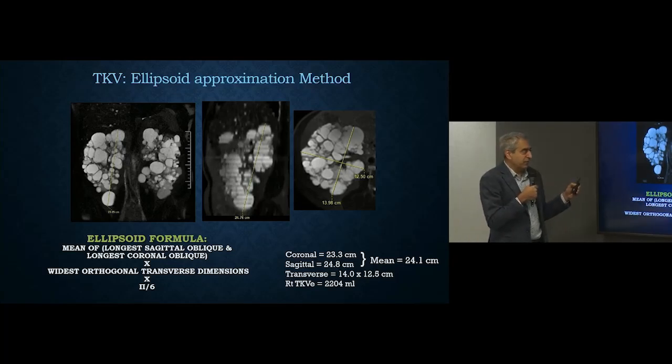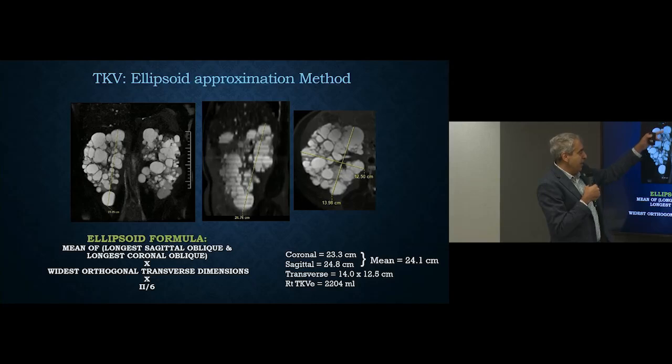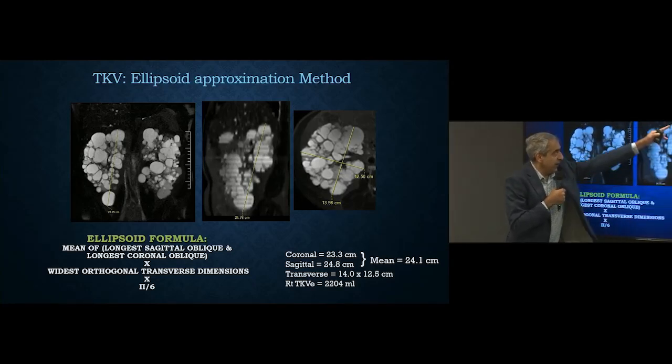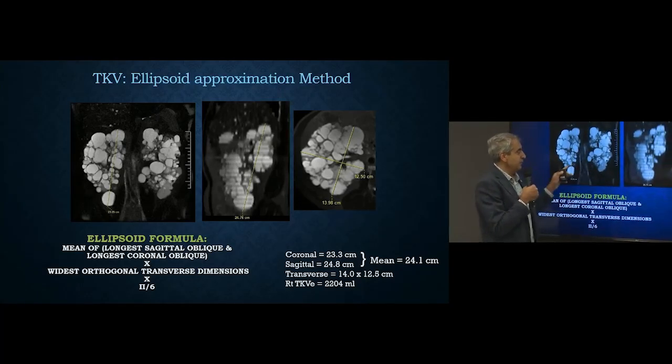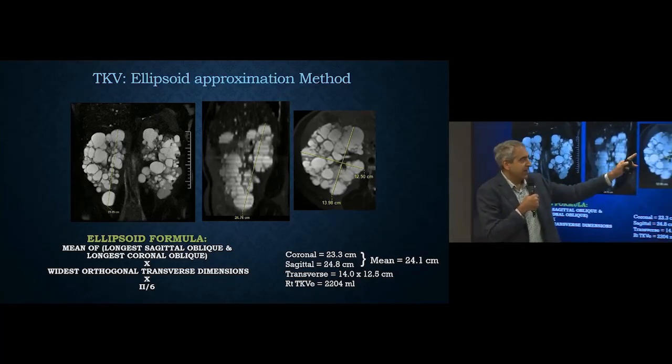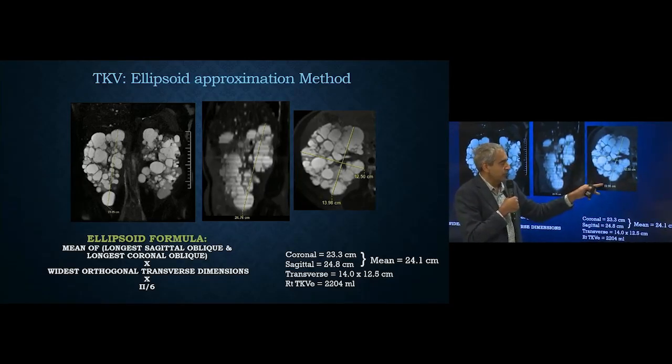Another way to approximate that, and this is a lot easier, is to use an ellipsoid formula, and I'm just going to take time on this slide because it's important and a good way of estimating total kidney volume. That is to take the mean measurement between the sagittal and the coronal dimensions of the kidney, the mean of these two, and then multiply that by the largest cross-sectional measurement.